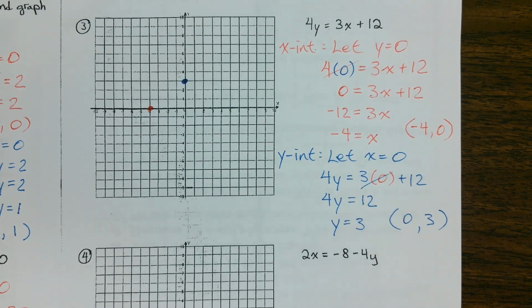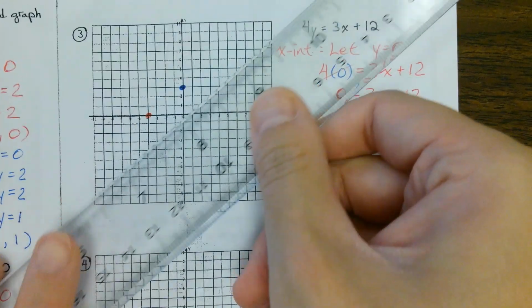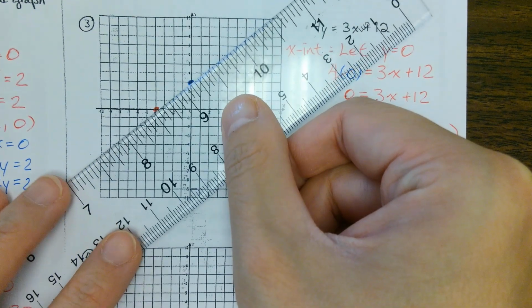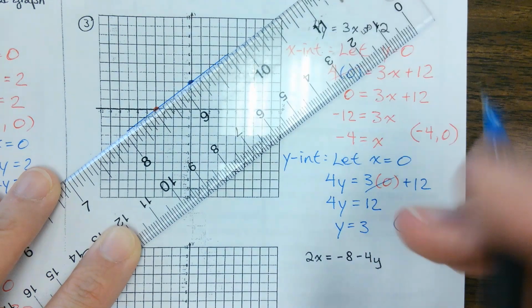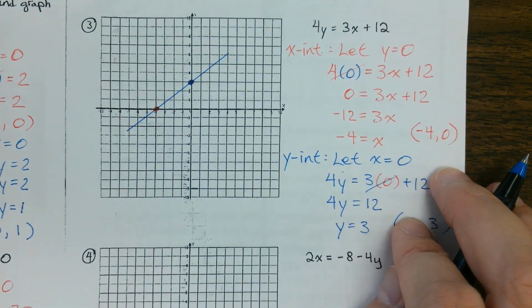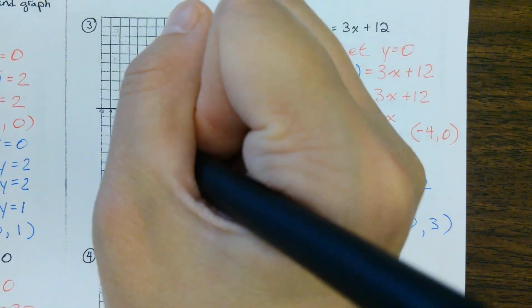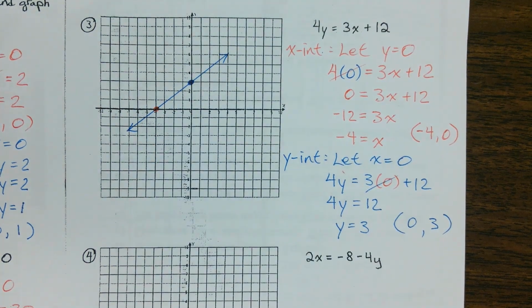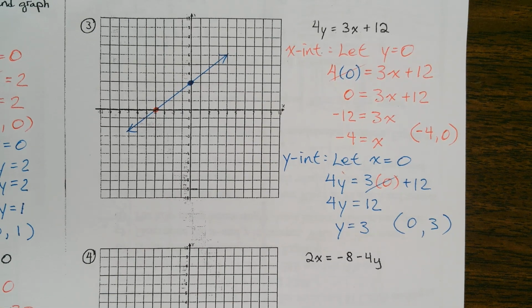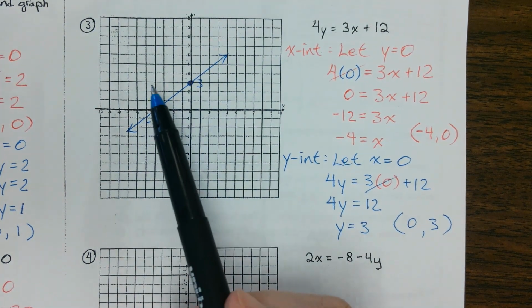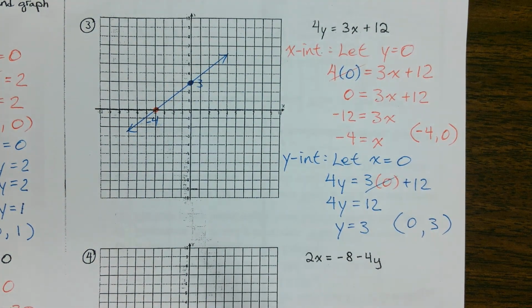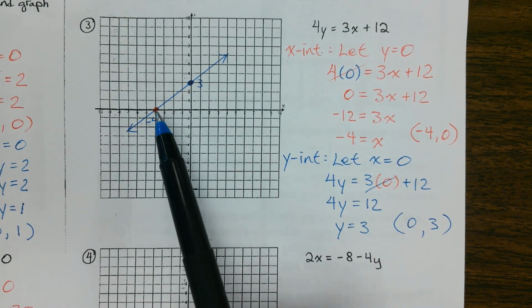Okay, draw my line. And again, what's my slope here? Remember this was -4 and this is 3. What's my slope? 3/4.